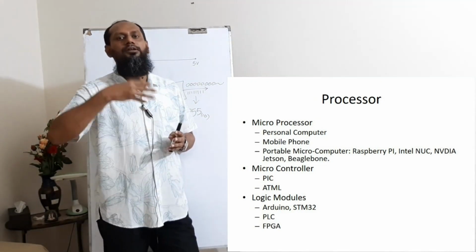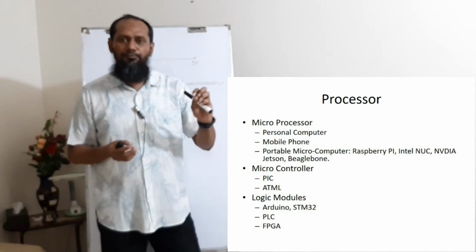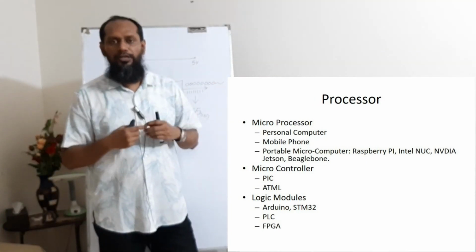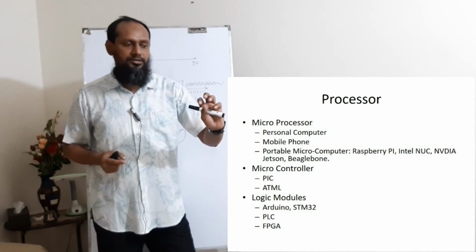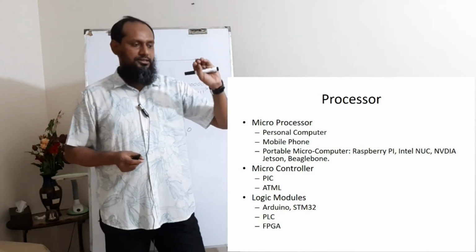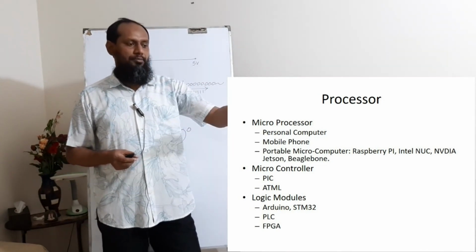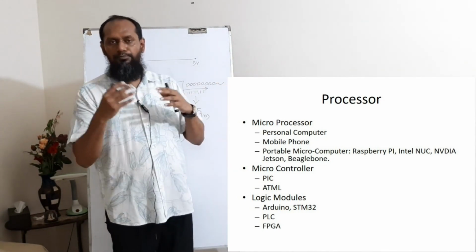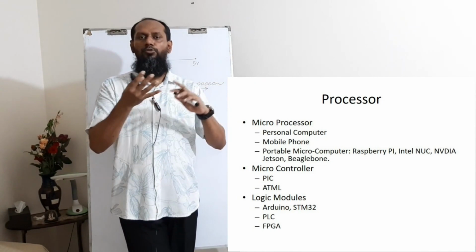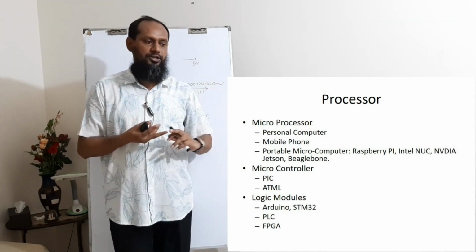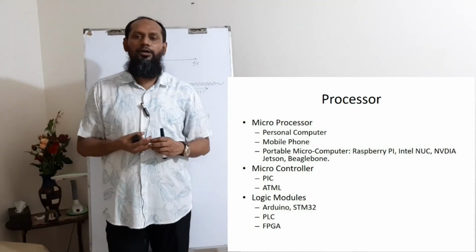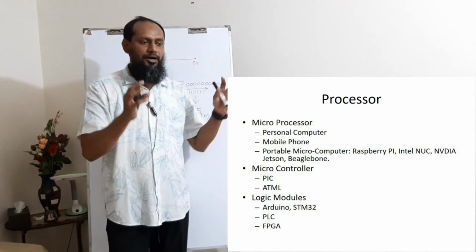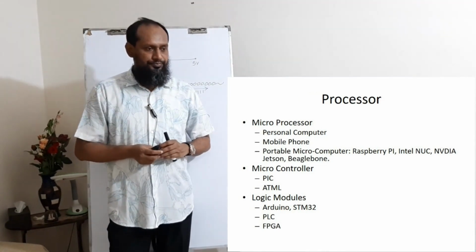We are going to have a different lecture on that, but there are some FPGA trainer boards available. So we call these things logic modules, along with microcontrollers and microprocessors. There are also three types of microprocessor: one for mobile, one for computer, and another for different types of portable microcomputers. So these are the parts of a processor.